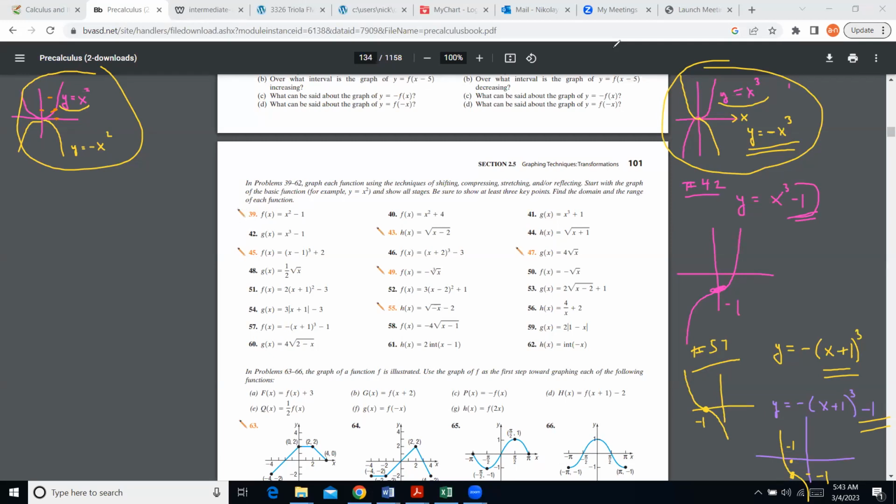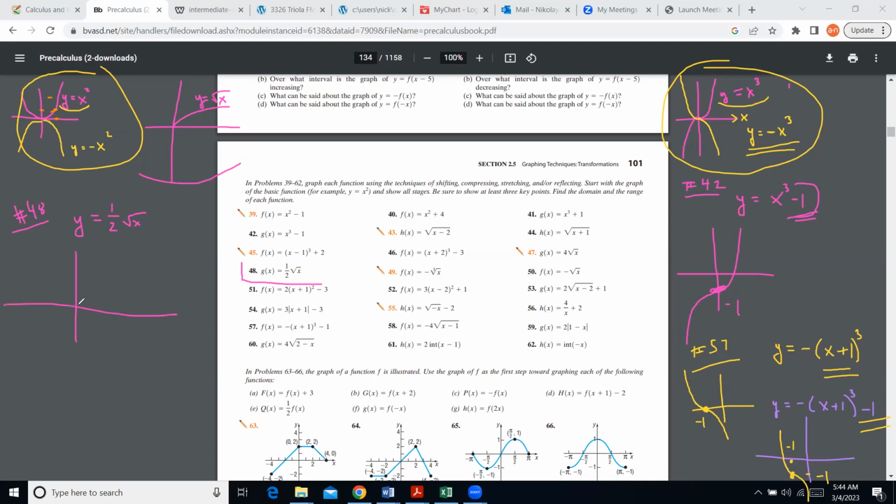Well, there are other graphs here that they are dealing with, and the close friend of the parabola x squared is the function square root of x. So that's another graph that we can look at, and this is something that appears in an exercise like number 48, for example. In problem number 48, we can take a look at 1/2 multiplied by the square root of x. So what I'm going to do is consider this square root function.